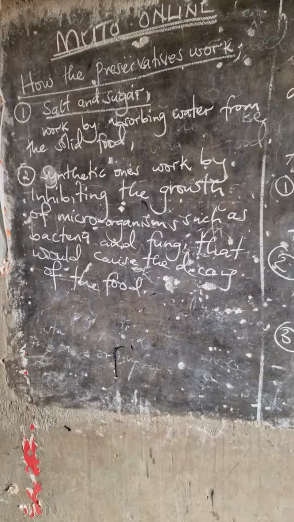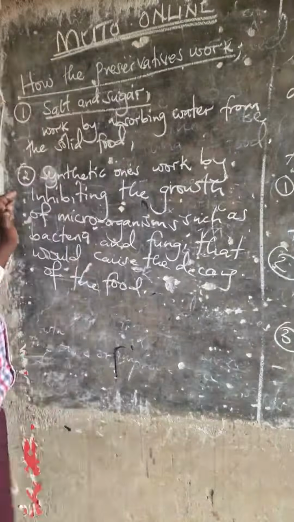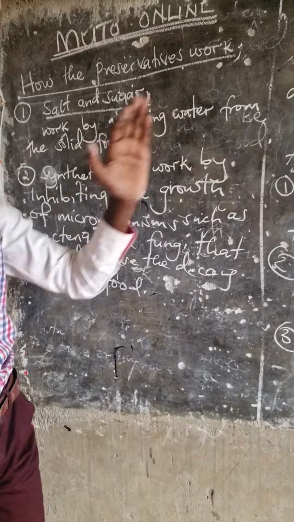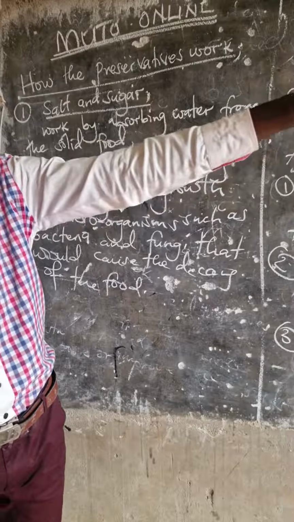We very well know that for anything to go bad, the decay process must have been initiated, and this decay process is initiated by organisms, which are the fungi and the bacteria. So if their growth is inhibited, the lifespan of the food is increased, or the shelf life is increased.